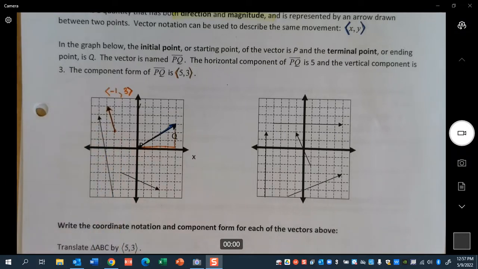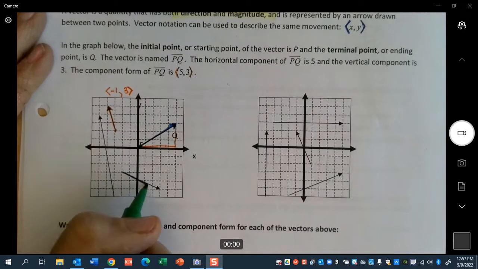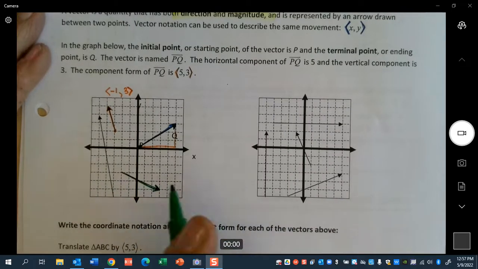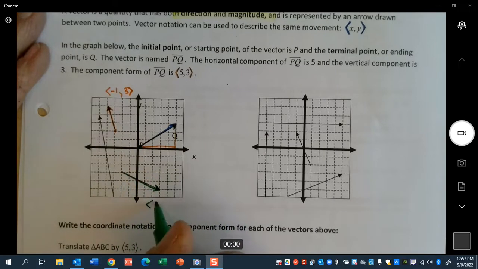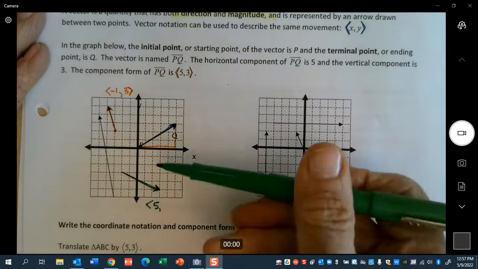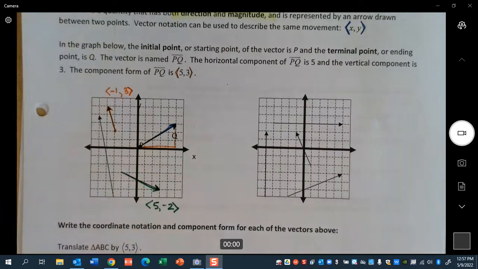So for example, if I wanted to do this vector here, I'm going to have a positive horizontal movement, 1, 2, 3, 4, 5, and a -1, 2 vertical movement. That's going to be vector component form.